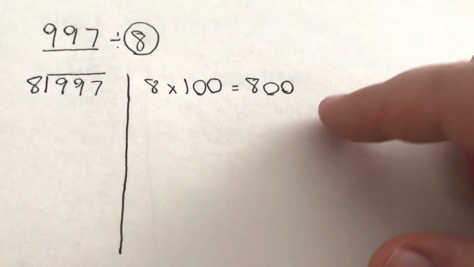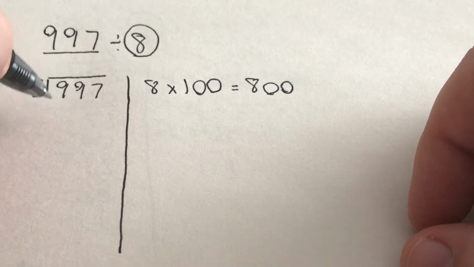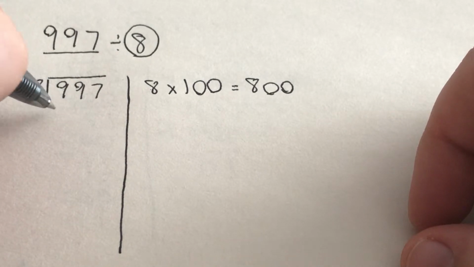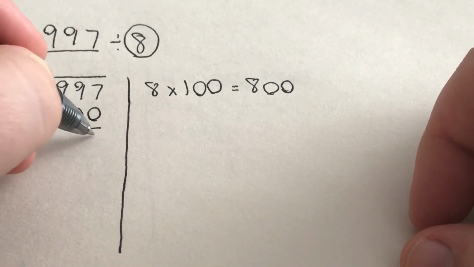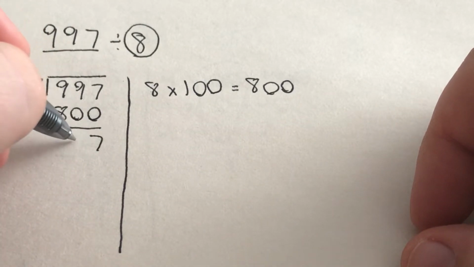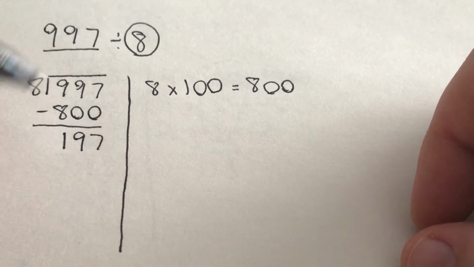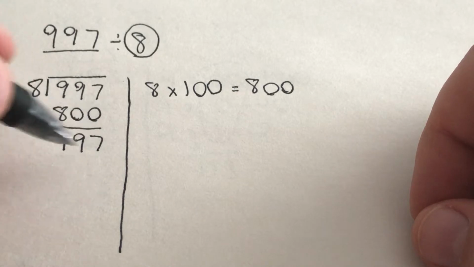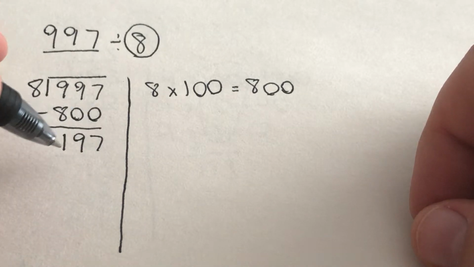Now, just like last time, 800 subtracted from 997. 7 minus 0 is 7, 9 minus 0 is 9, and 9 minus 8 is 1. So notice we're still dealing with a 3-digit dividend, but it is much smaller than last time.